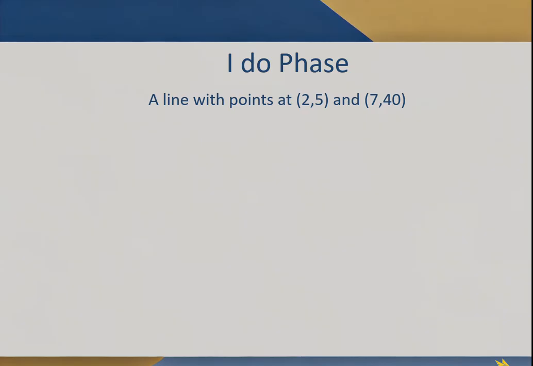A line with points at (2, 5) and (7, 40). So again, with this one I'm going to use point-gradient form: m times x minus x1 is equal to y minus y1.